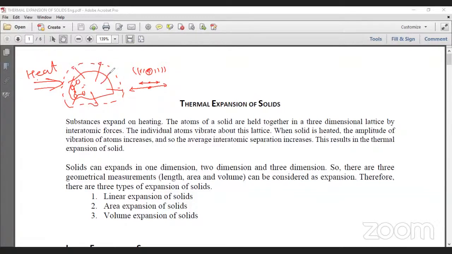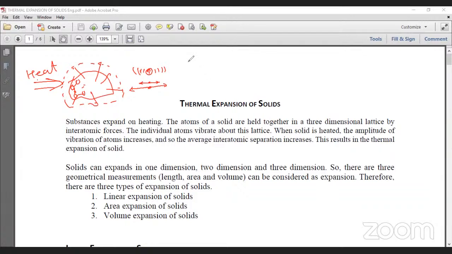This will expand. According to the geometrical shape and size, the geometrical measurement we consider, there are three types of expansions. If you consider length, the geometrical measurement, we call that kind of expansion linear expansion.